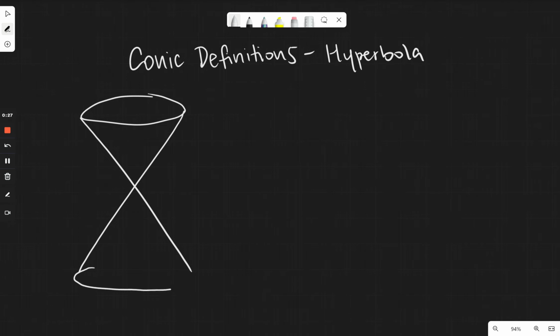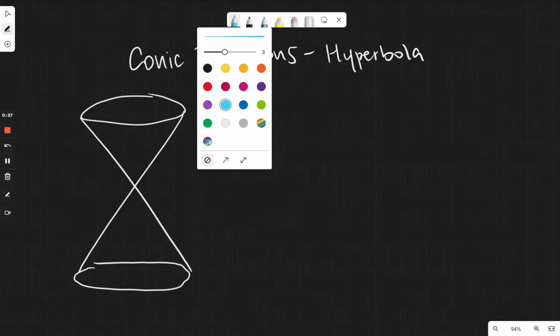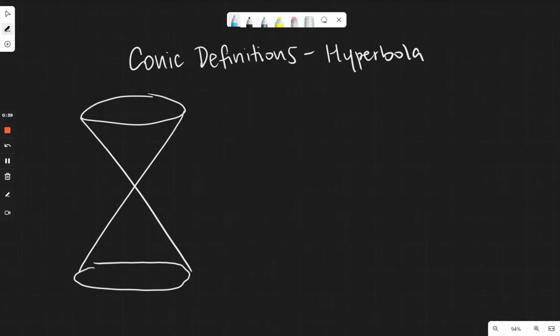Just like every other conic section, if you remember from the other videos, a hyperbola forms when a plane intersects a double-napped cone. This is the amazing illustration of a double-napped cone. And the special thing about a hyperbola is that the plane has to intersect the cone at an angle that is perpendicular to the bases and also parallel to the axis of the cone, which is right there.